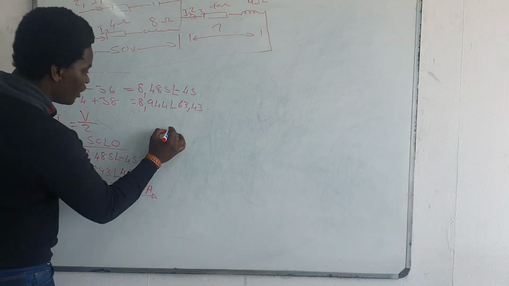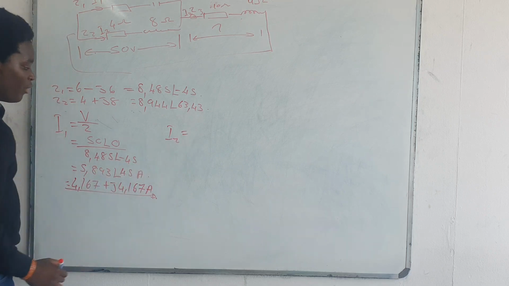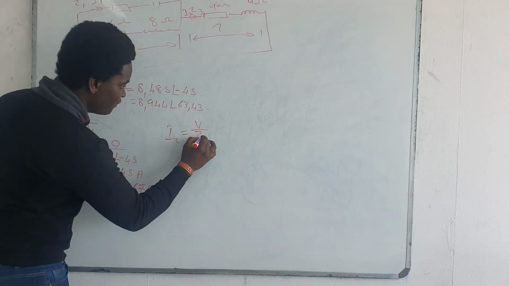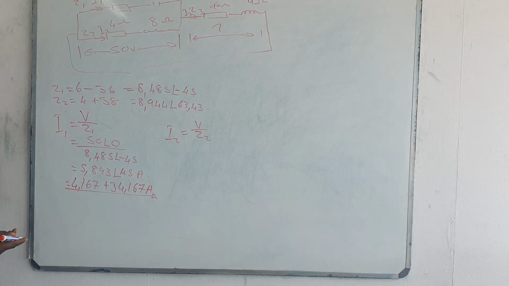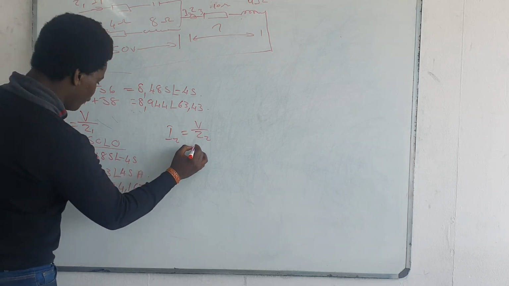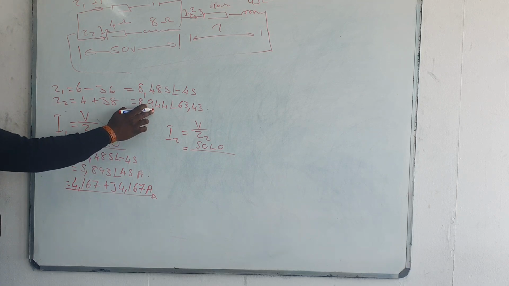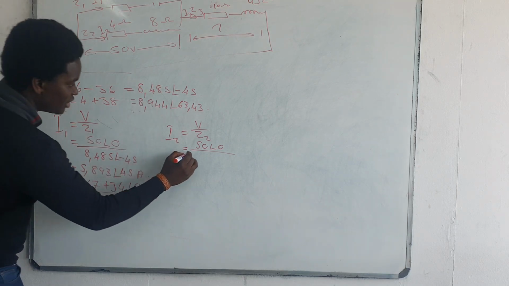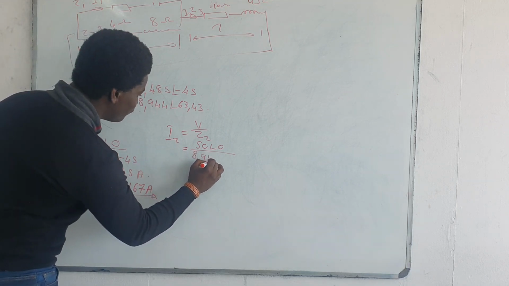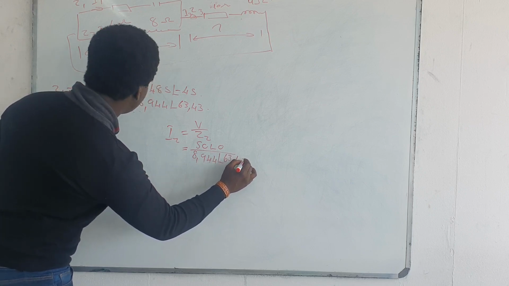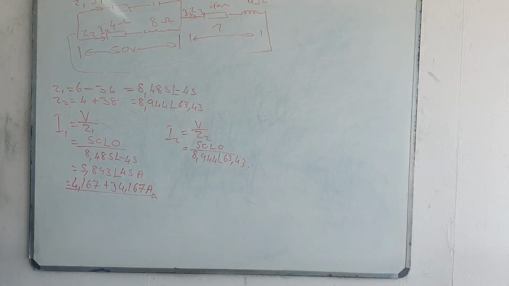Now let's calculate our I2. I2 is equal to V over Z2, which means it's your voltage of 50 at an angle of 0 divided by our Z2, which is 8.944 at an angle of 63.43. Don't you get close to the same answer?